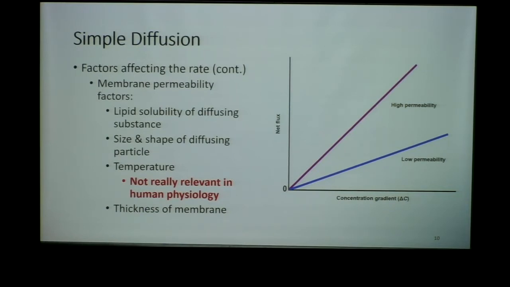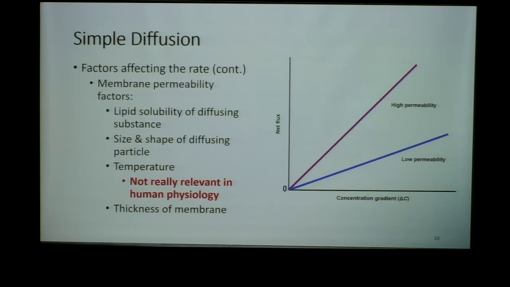Certain particles are not going to go through the membrane. Water, for the most part, will not go through the membrane. Charged particles will not go through the membrane. Larger, more bulky particles will not go through the membrane. Okay? Nonpolar, hydrophobic particles such as your fatty acids, fat-soluble vitamins, steroid hormones, those things will easily move through the membrane.